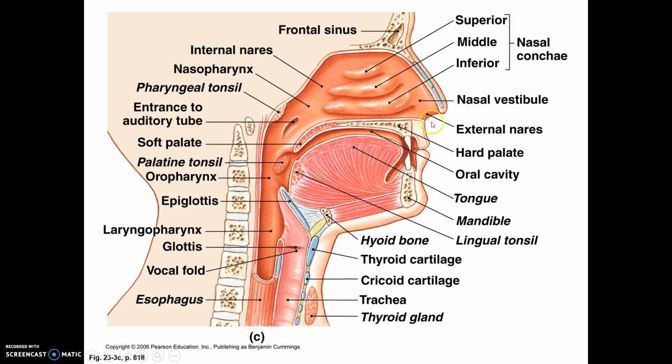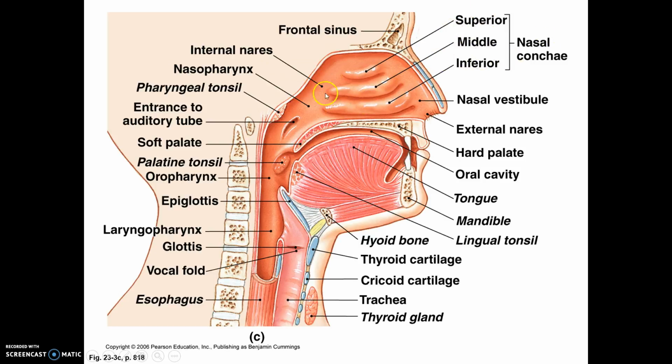So we have what we would typically call our nostrils, or external nares, and we have the area just inside, the nasal vestibule. When we breathe, air comes in through the external nares into the nasal vestibule, and it swirls in between these little pathways called turbinates, in between the nasal conchae.